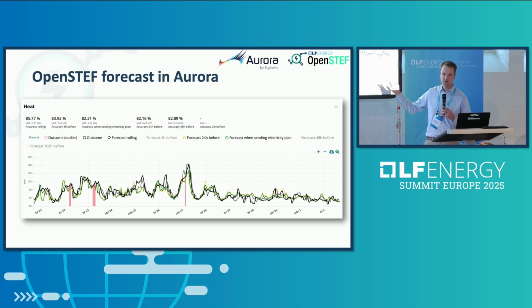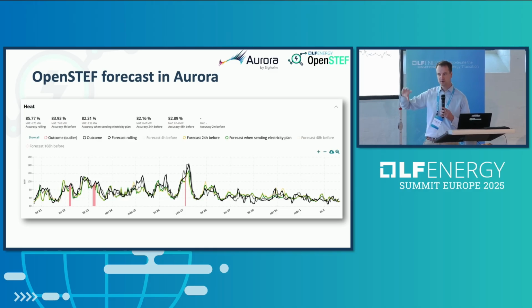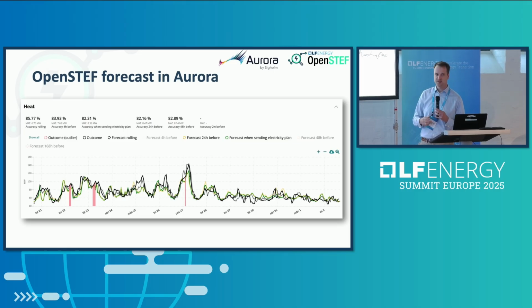Here, this is more of a use case where overall accuracy is important, not only the peaks. If you have errors, it's okay, but they need to be symmetric, because we have this heat battery that can catch quite a lot of errors. If it's a bit too low or too high, we can solve that with this heat battery. For just the peaks, I would not recommend using it.